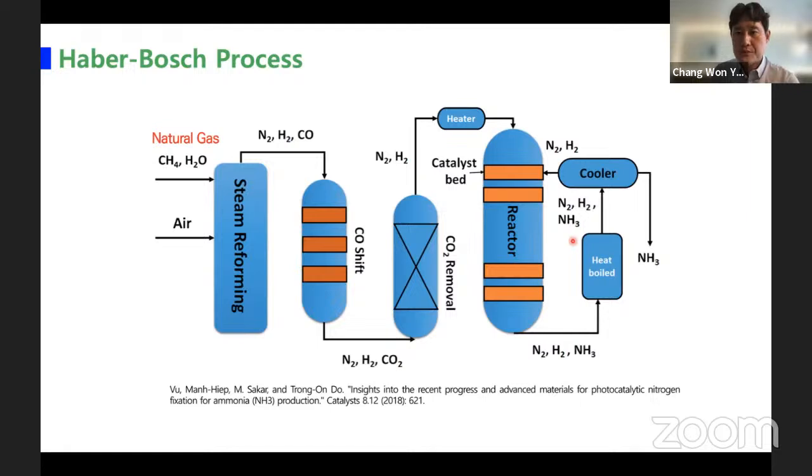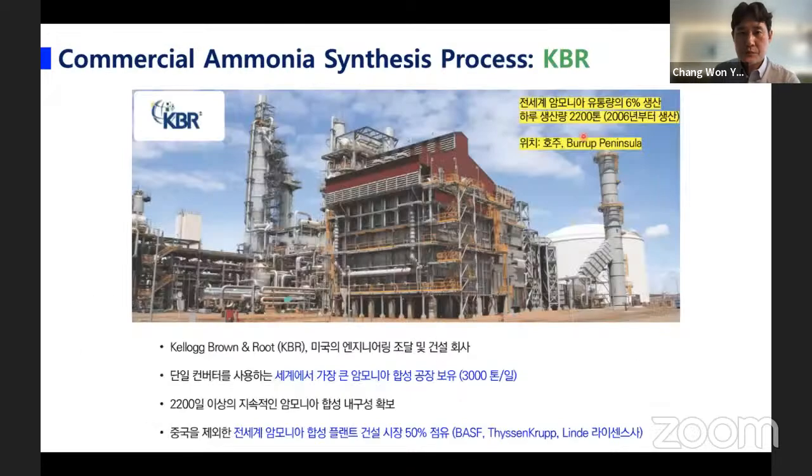Okay, my computer is slow. So this is the commercial ammonia synthesis process. The KBR company has a license for this chemical plant for ammonia synthesis.